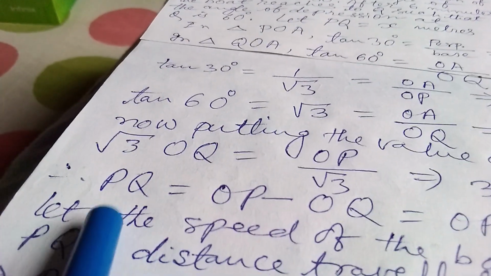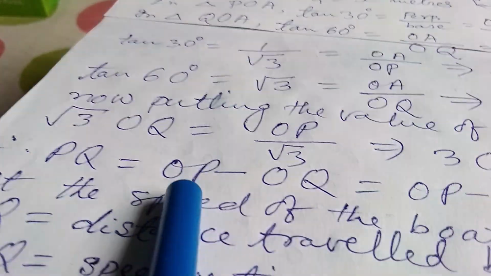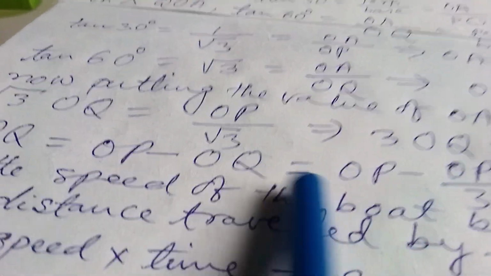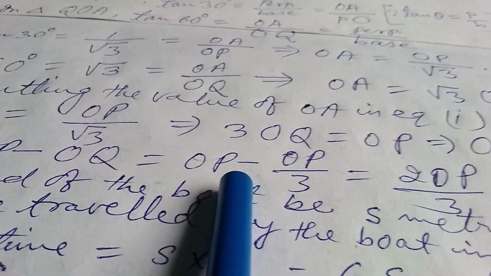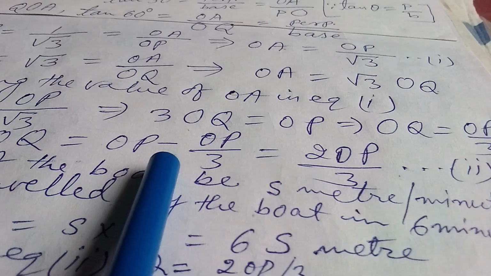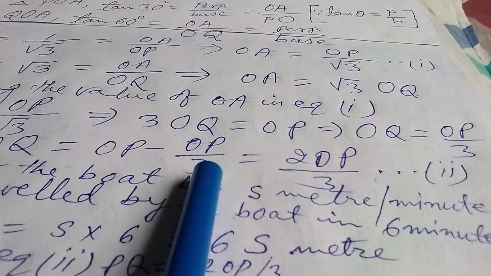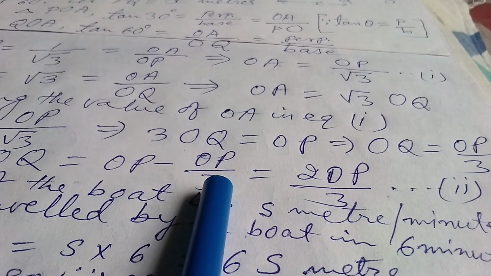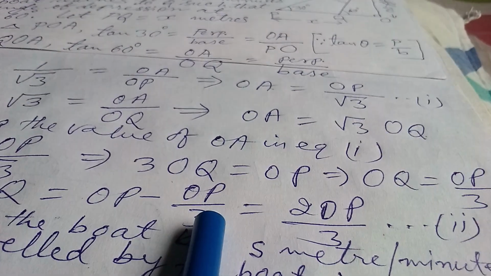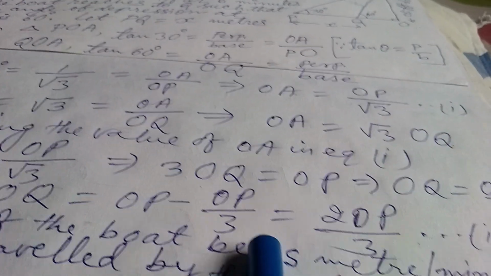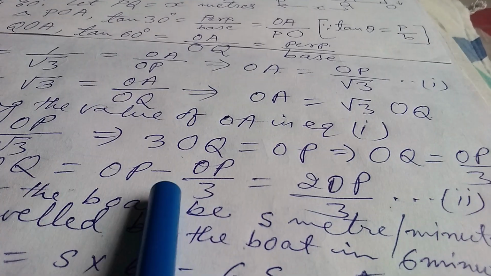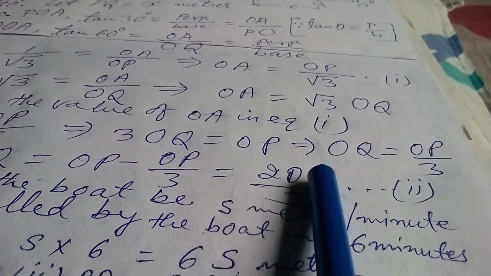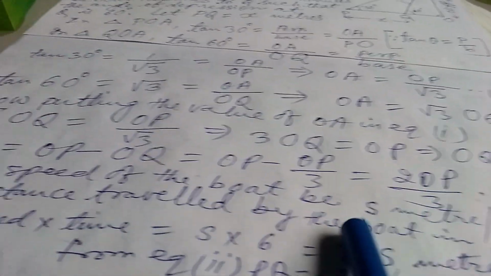And then PQ equals OP minus OQ. So OP minus, now the OQ value we have just calculated is OP by 3, and that is equal to, by finding the LCM, 2 OP by 3. This is the second equation.